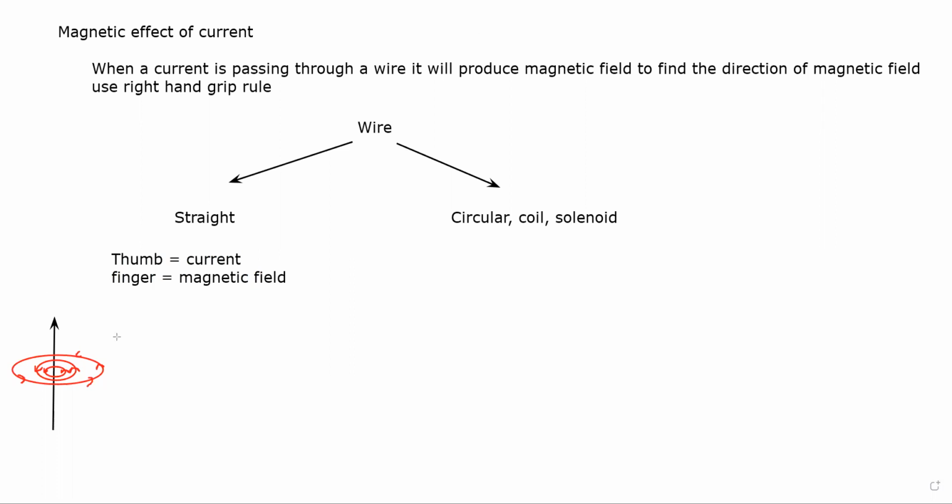If the current is downward, your thumb should point downward and the fingers will turn in the direction of the magnetic field. The first two field lines should be closer, which shows that the magnetic field is stronger, and as we move away from the wire, the strength of the magnetic field decreases.